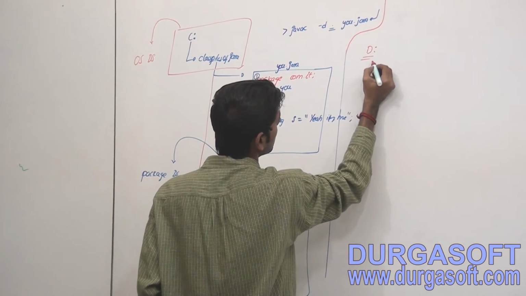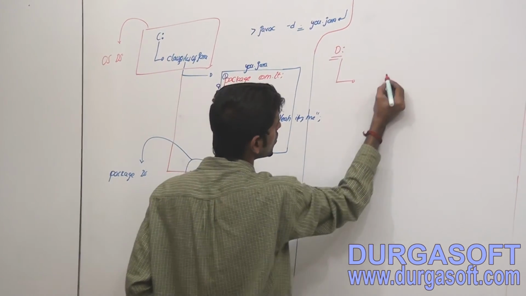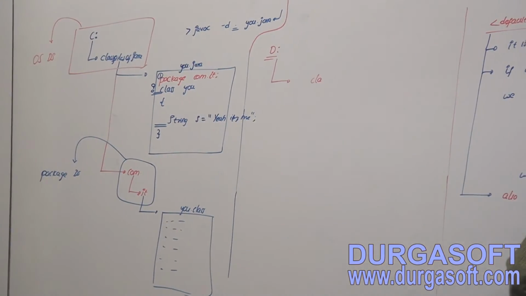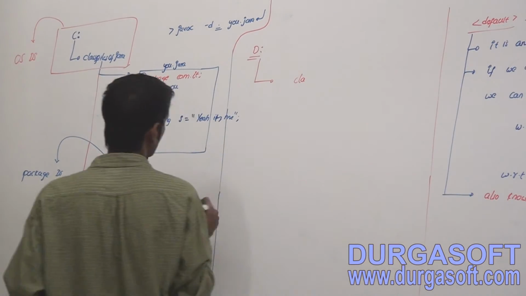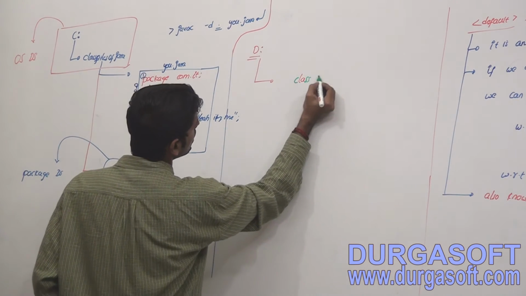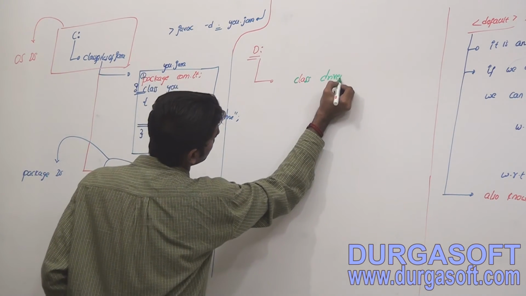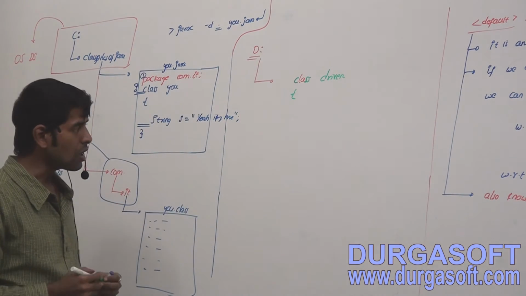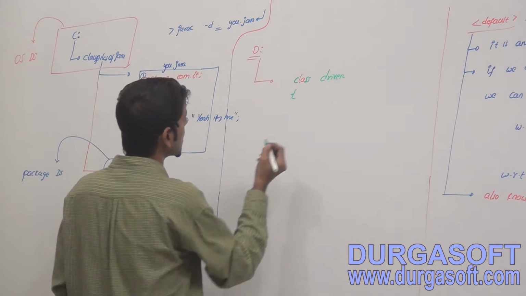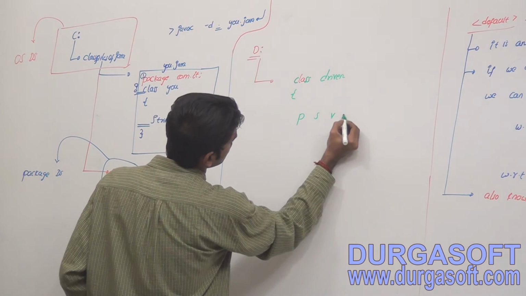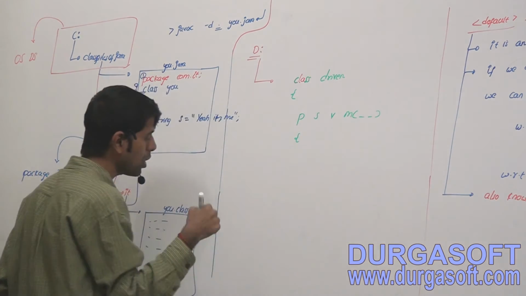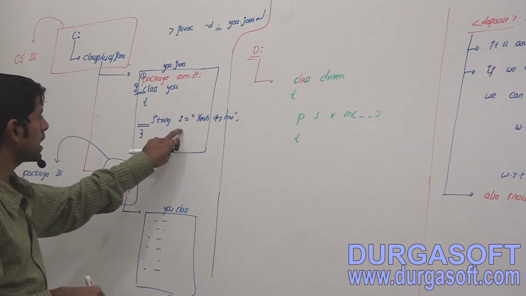Here I have written one source code called Driven, to test this particular code. Let it be public static void main String array. Now I want to access this particular data member.